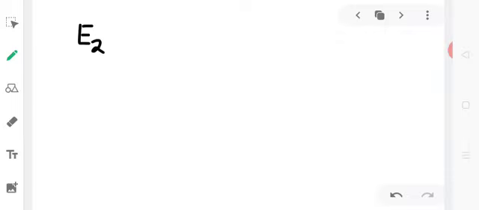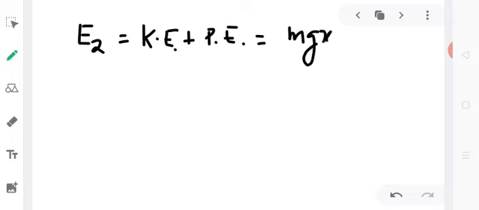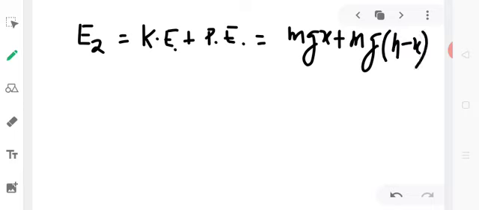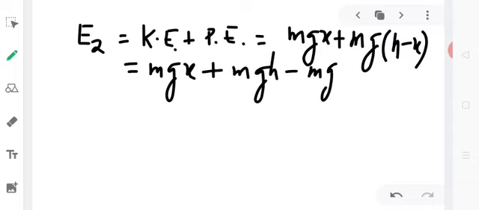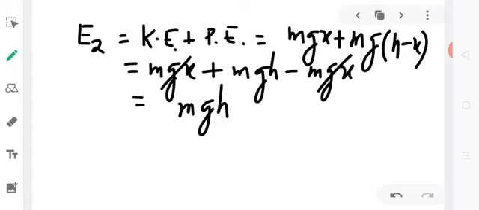If I represent it by E2, then it should be equal to again kinetic energy plus potential energy, and that is equal to mgx plus mg(h minus x). On solving, we get mgx, the first term, and let us solve the bracket part now. So it gives us mgh minus mgx, and cancel these two, and you are again left with mgh. Let us mark it as equation number 2.